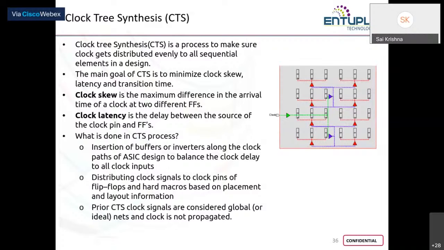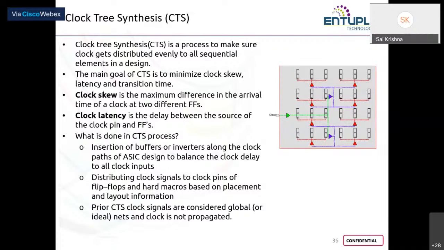So to avoid that, you have to boost up the clock path. Right now, I'm talking about the clock path. So you have to boost up the clock path from your input pin to the clock pin of your second flip-flop. For that boosting to happen, you generally add clock inverters or clock buffers. Please note, for clock paths, we are not adding inverters or buffers.